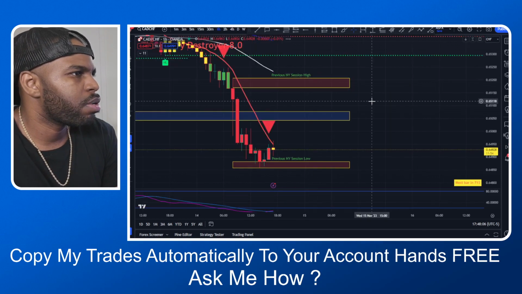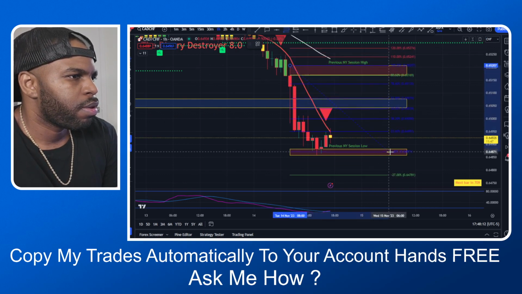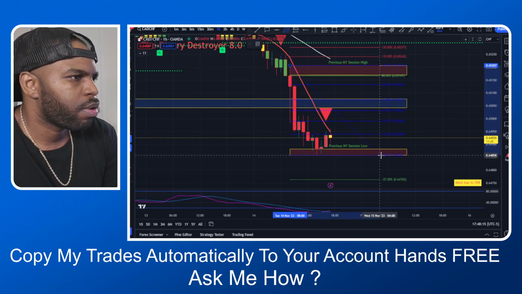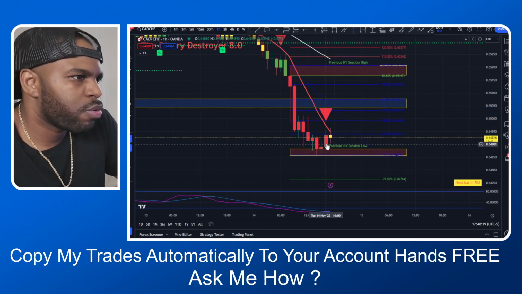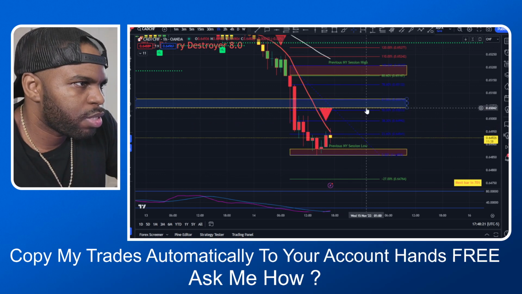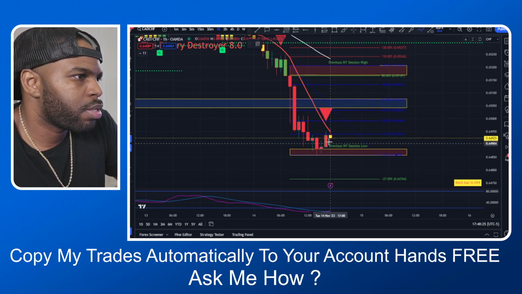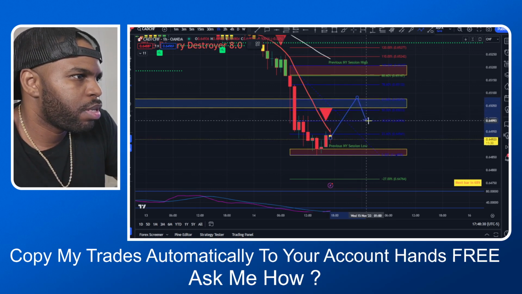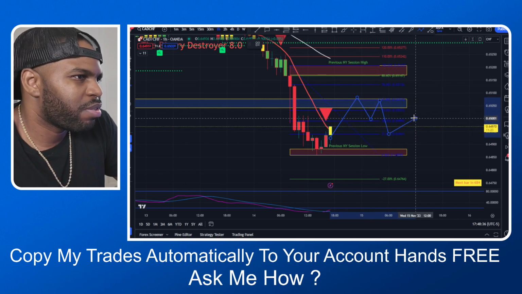Maybe the 1 hour. What we could do is draw a Fibonacci retracement tool here. So price could come back up into this area here, and then start going here, and then doing stuff like that.